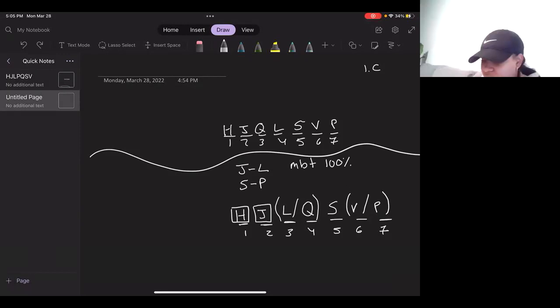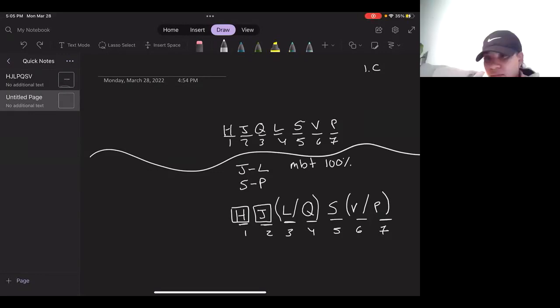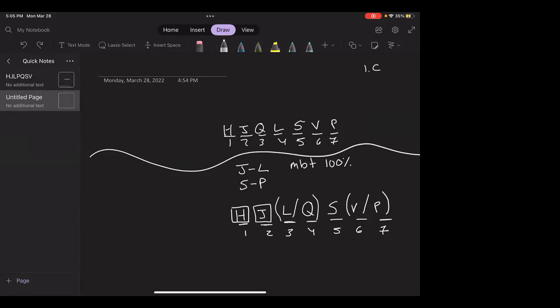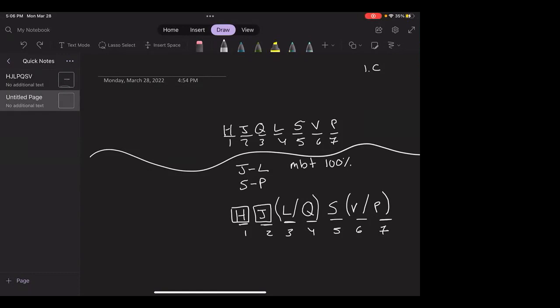No, the way that you set this up, remember you were like, I'm going to put L3, Q4, V6, P7, right? If I have an answer choice that says P is 6, based on what you told me, does it have to be true? Yes. No. But I thought. The reason it doesn't have to be true is because we have V in 6. Oh, okay. So I'm understanding it, but I'm explaining it wrong. Yes, exactly.